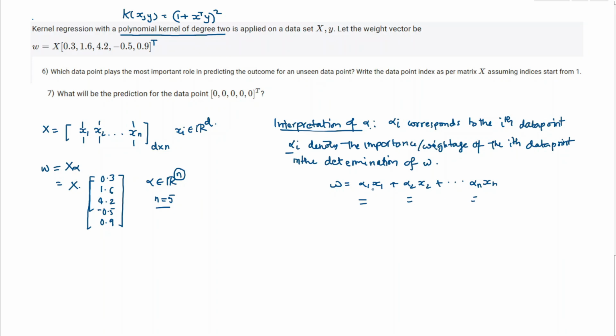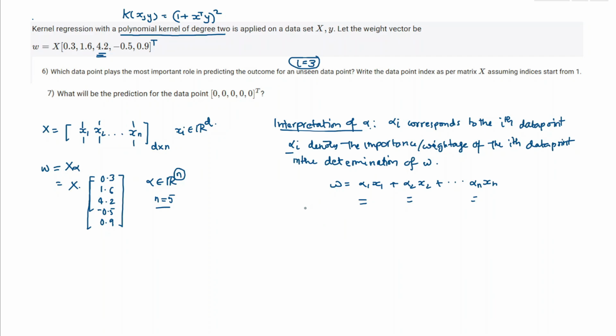So the first question is, which data point plays the most important role in predicting the outcome of an unseen data point? Obviously we know it is this one. So the answer would be i equal to 3, because this is the largest in magnitude.